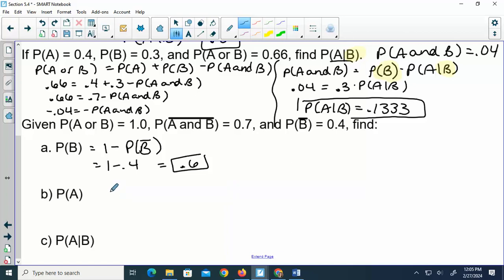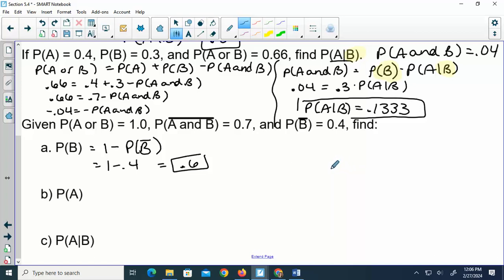Probability of A. So what can we do? I don't have the probability of not A. Do we have any formulas that would involve the probability of A and the things that we do have? So there's a couple formulas that have the probability of A and B in it.